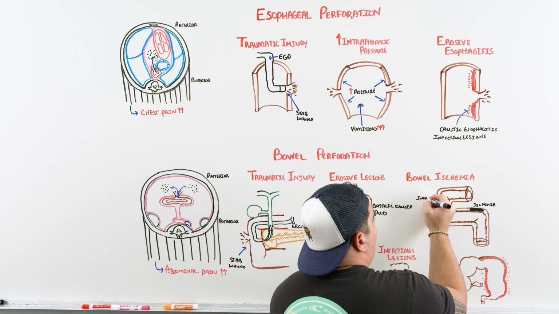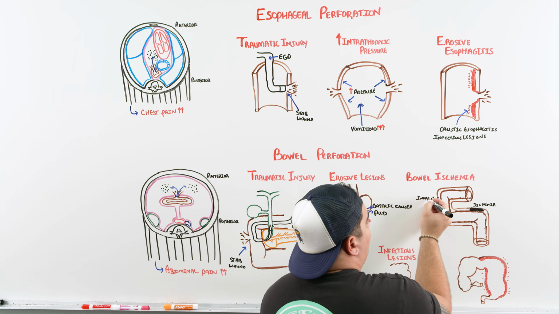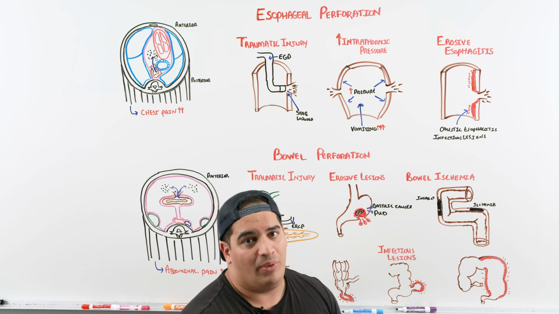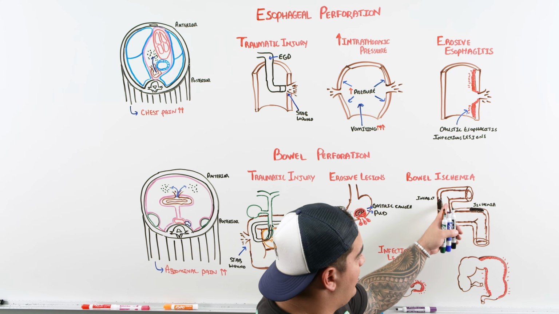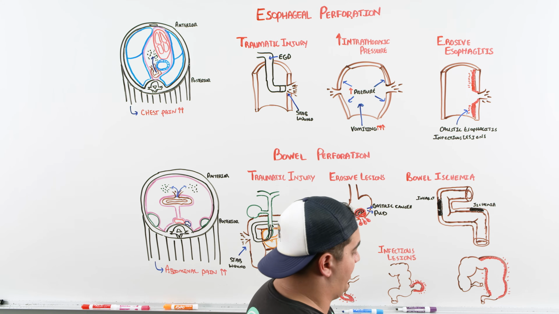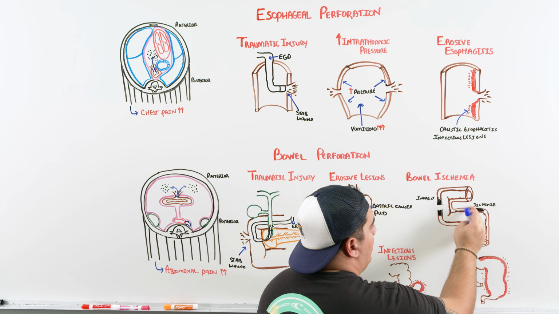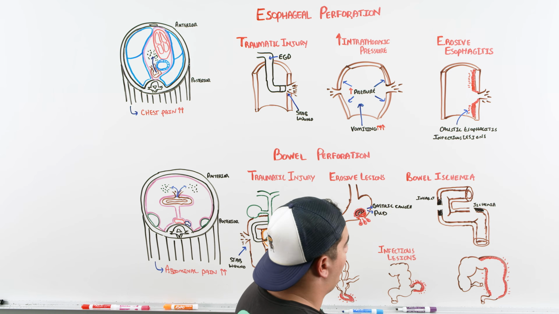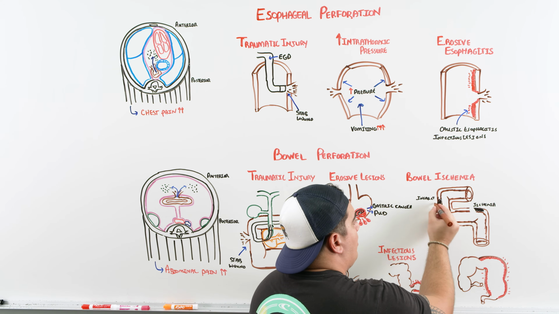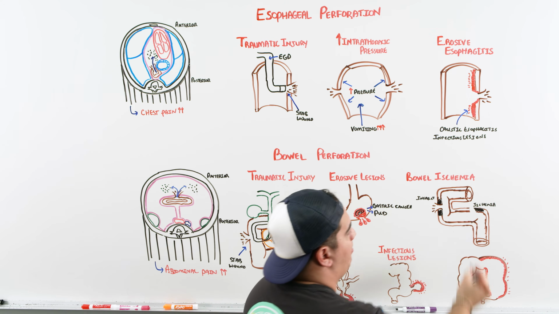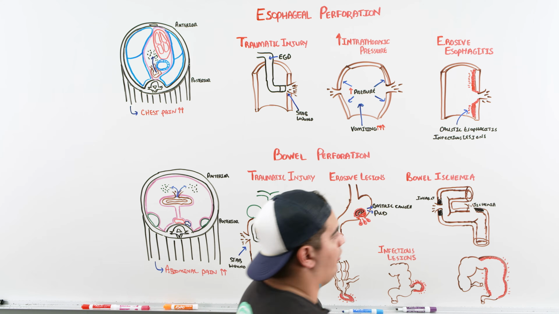And as the tissue begins to infarct, it's super weak, right? It's super weak. And then if there's any rise in the intra-abdominal pressure for whatever reason, it can easily perforate through that weak point in the bowel. And so this is definitely a big trigger for patients perforating.